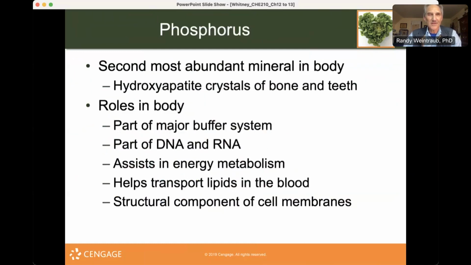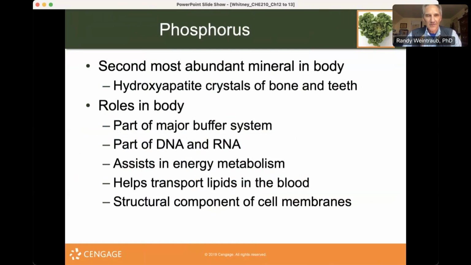Okay, phosphorus, second most abundant mineral in the body. Hydroxyapatite. These are the crystals that are formed in bone and teeth with phosphorus and calcium.